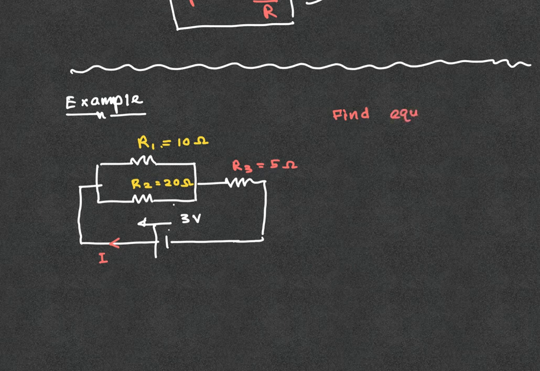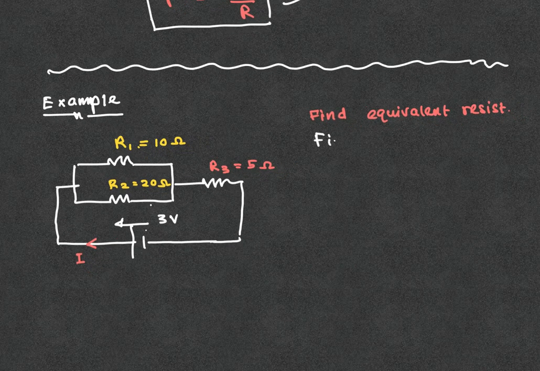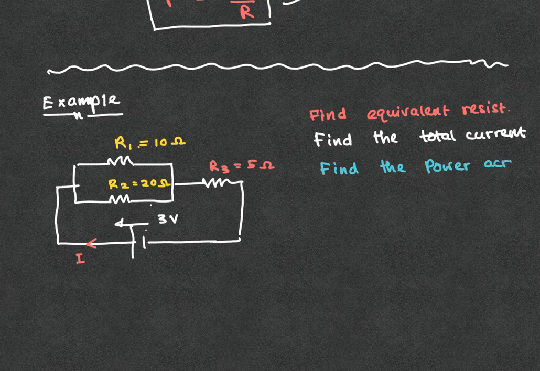Find equivalent resistance for the circuit, and the second one, find the total current in the circuit, and then the last part, find the power across the power source.